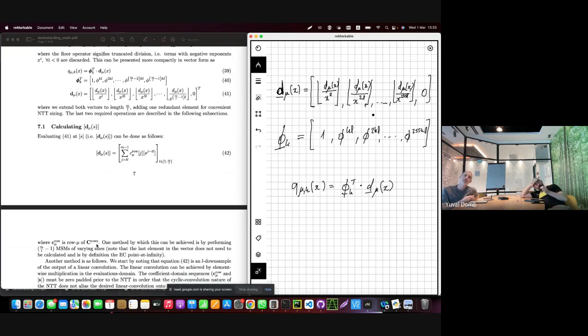Just to simplify this as much as possible, when we look at the first term of vector D, let's maybe just take the first one and then the rest will make sense.